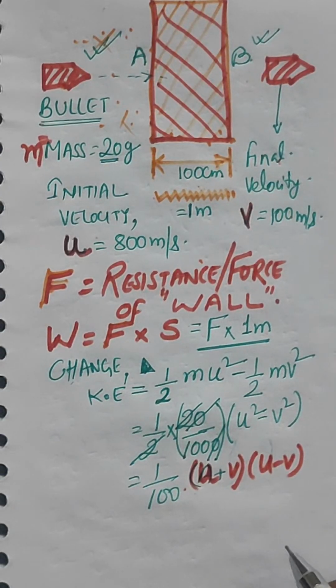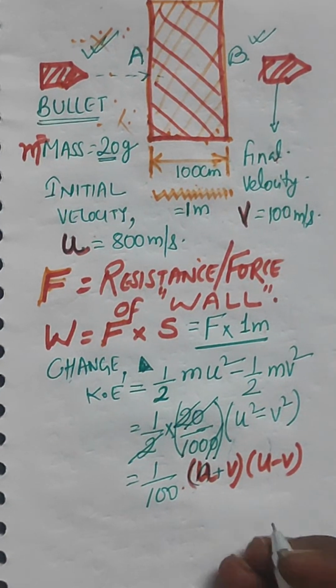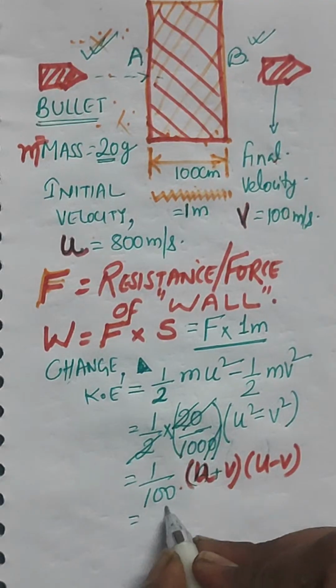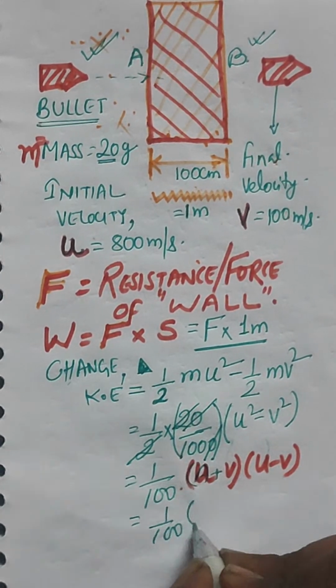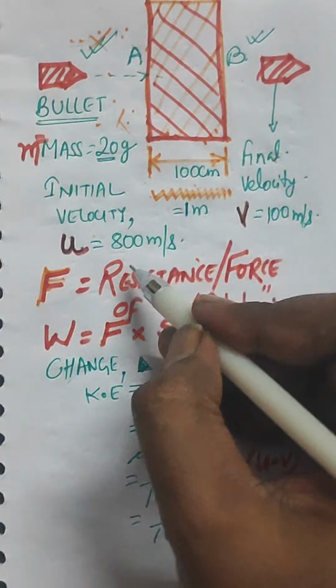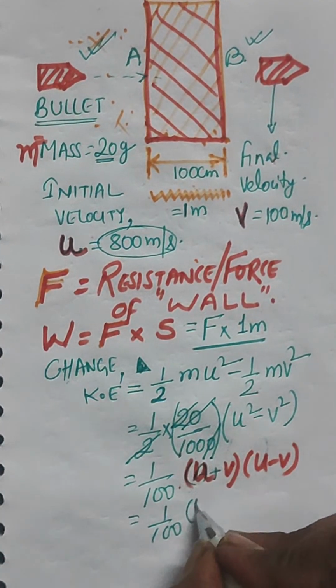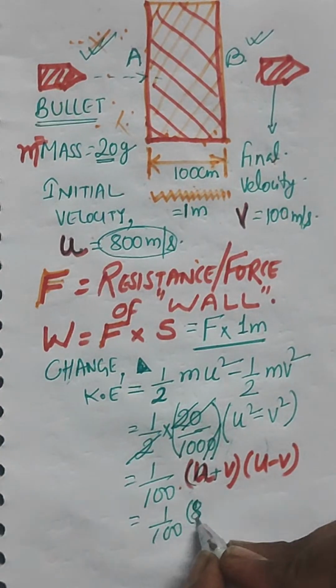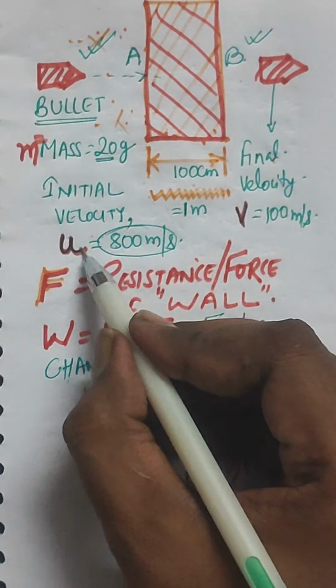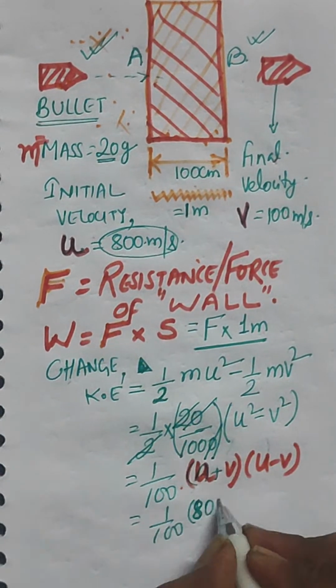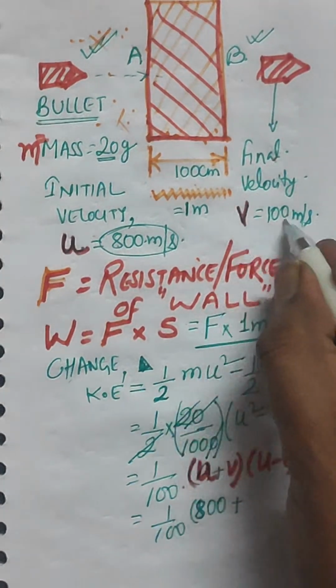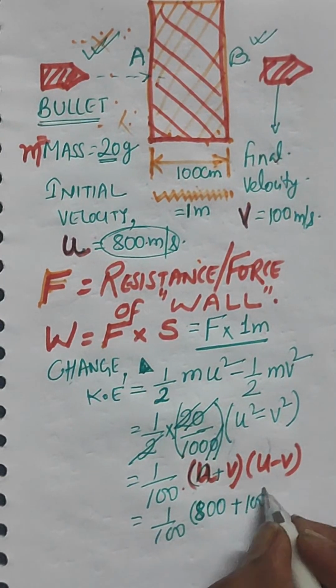Hi Utkarsh, thank you. So here you can see 1 by 100 into u plus v. What is u? U is the initial velocity, that is 800 meter per second. Put the value of 800 over here plus v. V is 100, right?